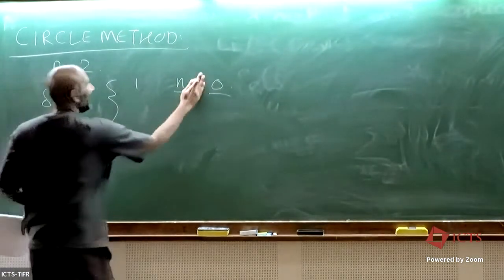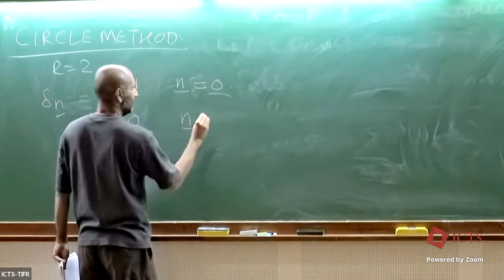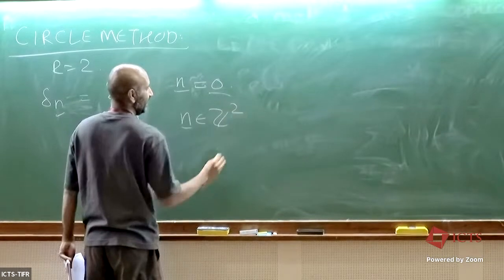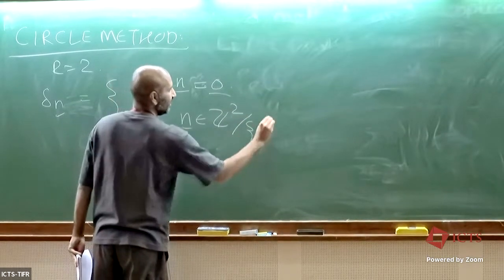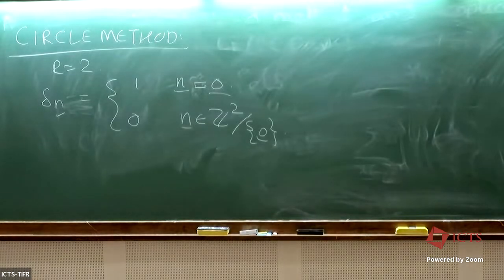This is 1 when n is 0, and it's 0 when n is any integer vector which is not equal to (0, 0). So we are detecting when two integers are equal to 0 simultaneously.